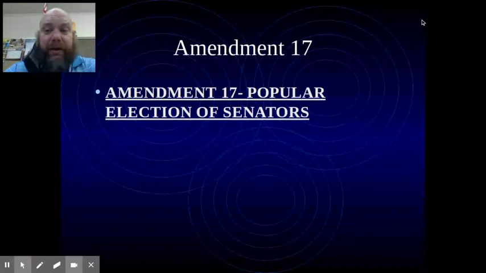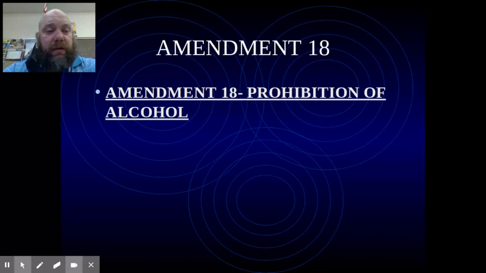The 18th Amendment made alcohol illegal. Prohibition of alcohol. You cannot manufacture, transport, buy, or sell alcohol in the United States. Obviously, this one got overturned by a later amendment, because if you've ever been in a gas station, you know alcohol is legal now.